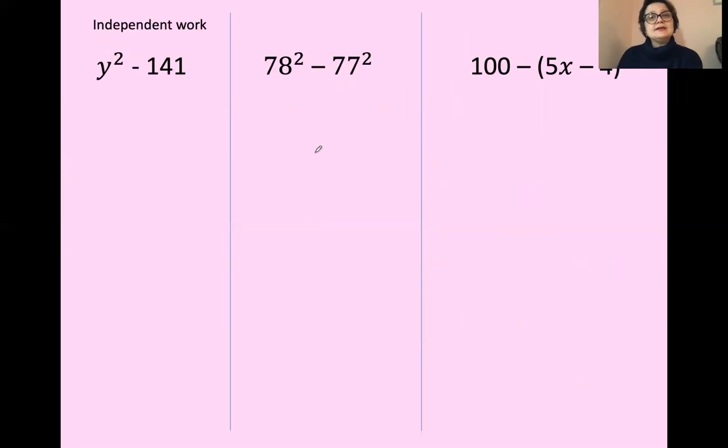Okay, now here is going to be your independent work. This one should be 144. So the first one is y to the power of 2 minus 144. The second one is the difference of two squares again, but you're dealing with numbers, so no need for calculators. Think of using the rule. And the third one is a number which is the square of another number. And of course, we have a whole bracket here to the power of 2.